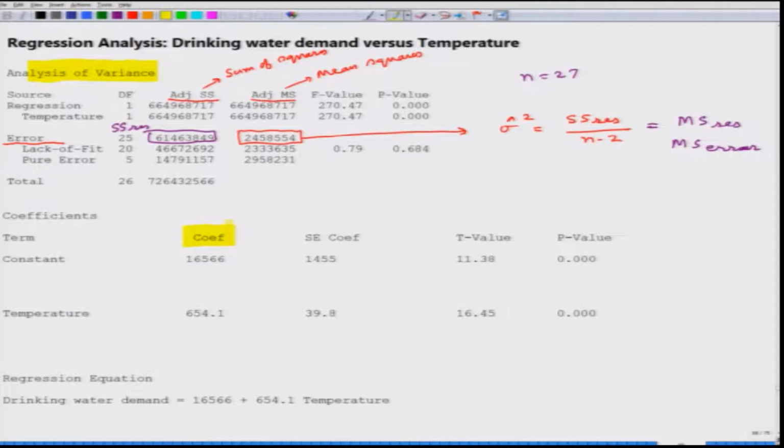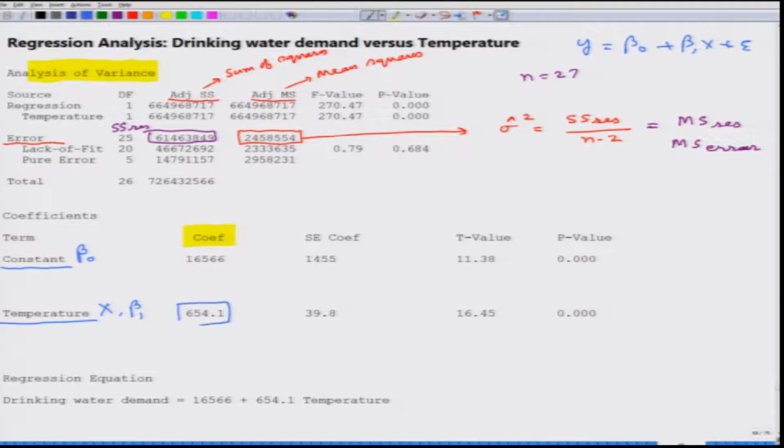Okay. Now after this we come to this column over here, the coefficient. We have one thing here which is constant. Constant is nothing but your beta 0. We have considered the model y is equal to beta 0 plus beta 1 x plus epsilon. So beta 0 is your constant, and similarly temperature is here your x variable, corresponding to which the regression coefficient is beta 1.